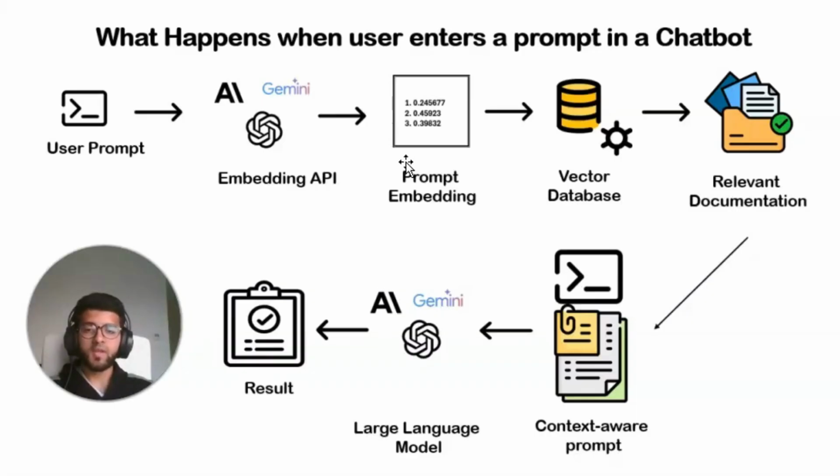The prompt is basically what you type in when you have a question for the chatbot. So now we're going to embed the prompt. Every single word in the prompt is going to be converted into a numerical vector. Now you have the vectors from the prompt.